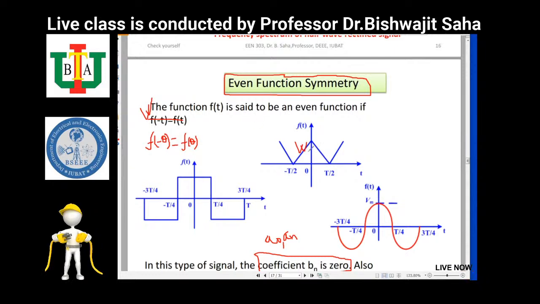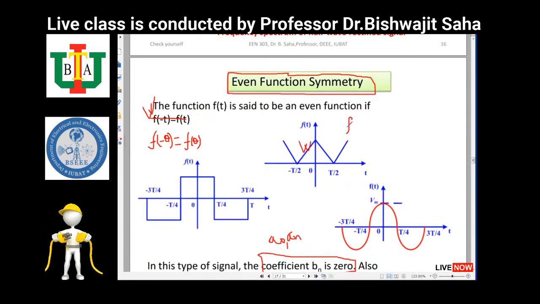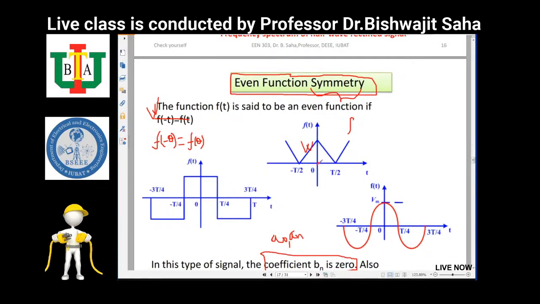So here, look at this signal. The important message is symmetry. Symmetry means equal. Whatever you take, time or angle from the origin, you have to take the same distance from the left side and right side. If you consider, okay, sir, here is T by 2, I will cut it. Here is T by 4.